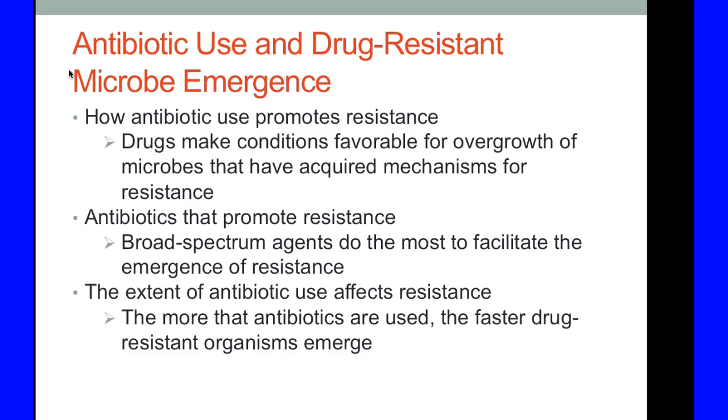Also, the more antibiotics are used, the faster drug resistant organisms emerge. There's kids that get ear infections, and some physicians and NPs, PAs will put them on antibiotics over and over and over again. So my rule of thumb is always, and there are guidelines out now, that a lot of these ear infections will end up going away.